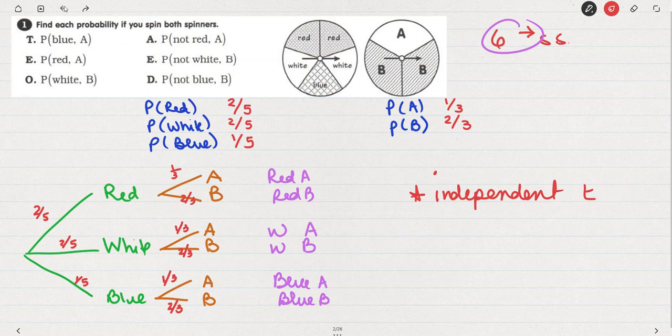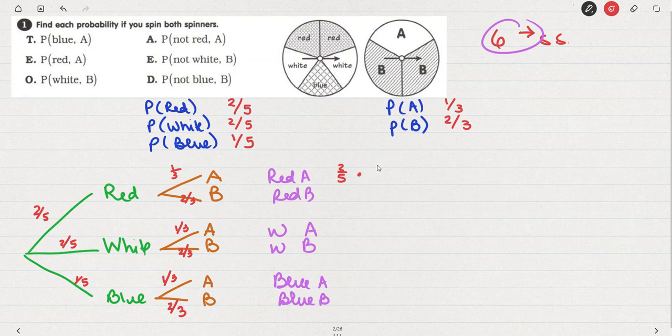Once I have the sample space and I understand the probability for each of the different pieces, I can multiply them. So the probability of this red A is going to be 2/5 times the A. So 2/5 chance of getting red.